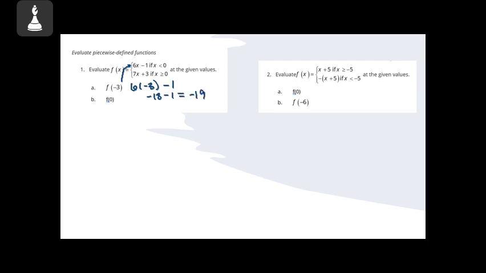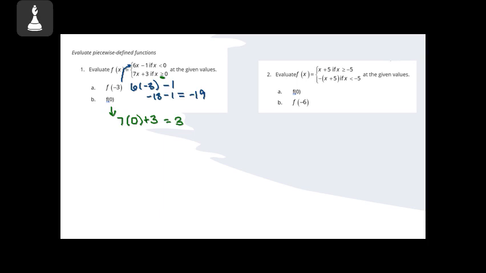For the second part, when it says plug in f of 0, well, the equals to 0, because 0 is the changing point, the equals to is down here. So to evaluate f of 0, I have to use the second function, 7x plus 3. So 7 times 0 is 0, plus 3 is 3. It's just a matter of making sure you know which function you should be plugging into based on your limits.